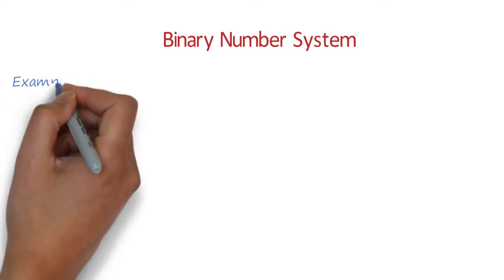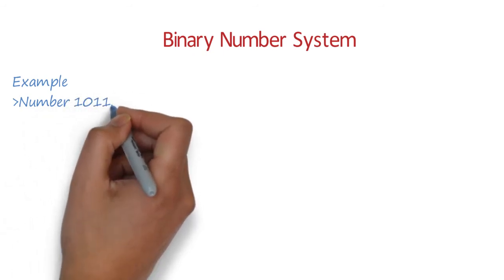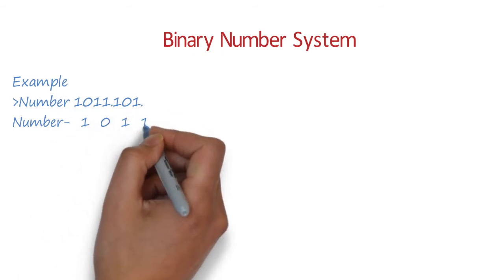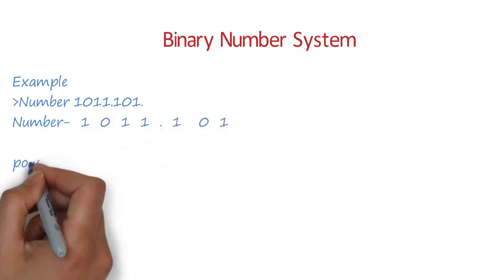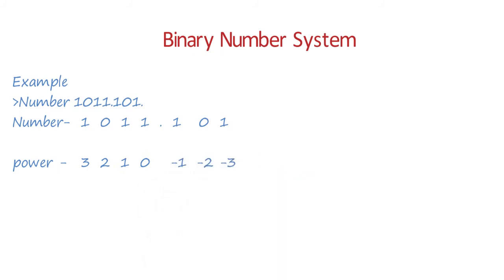Let us consider one example of a binary number, 1011.101. The integer part of this number is 1011 and the fractional part is 0.101.